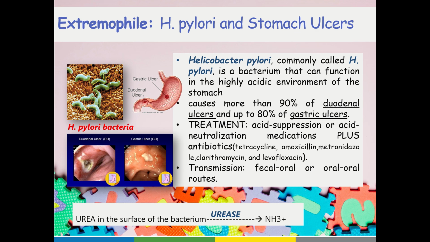They are the ones who will make a hole in your stomach, causing an ulcer, and our main goal here is to make our stomach pH higher, because H. pylori can only live in an extreme acidic environment. That's why one of the treatments for eliminating H. pylori is acid suppression or acid neutralization medication.